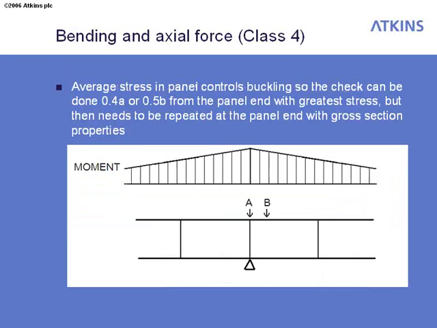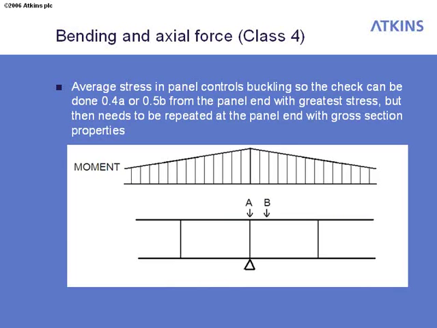If the stress varies along the length of the panel, the verifications can be done at a distance of 0.4a or 0.5b from the panel end. But you also need to look at the section at the actual support. We're using the gross section properties, and it's a similar thing to what we were discussing previously.